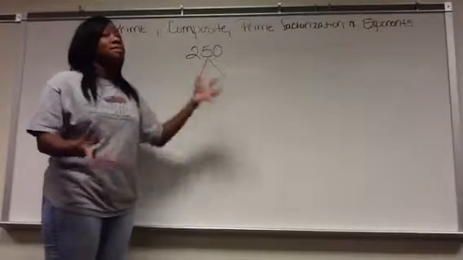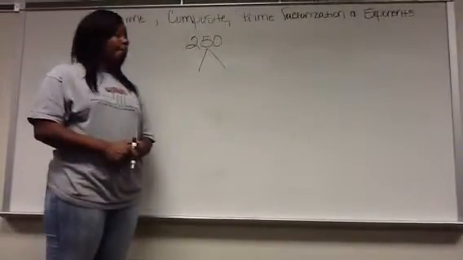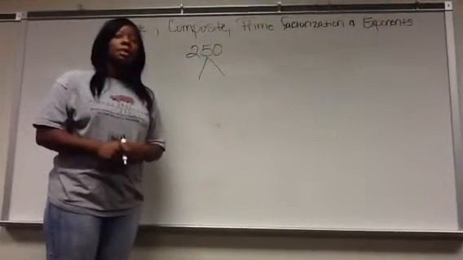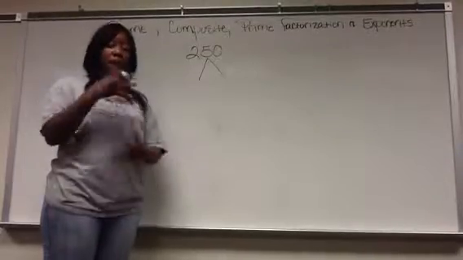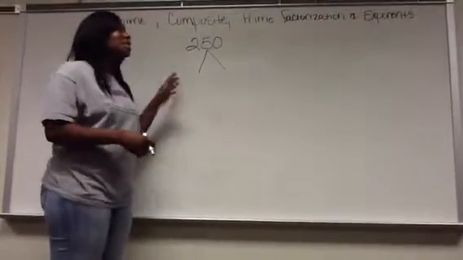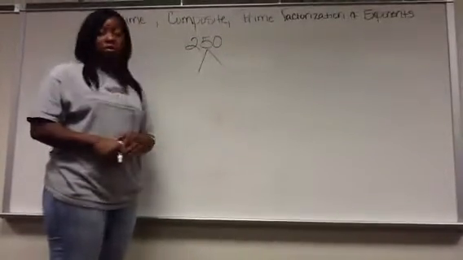So 5 times something also makes 250. This number ending in 0 again was special because of the number 10. When you count by tens, each and every one of those numbers ends in a 0. So 10 times something also makes 250.